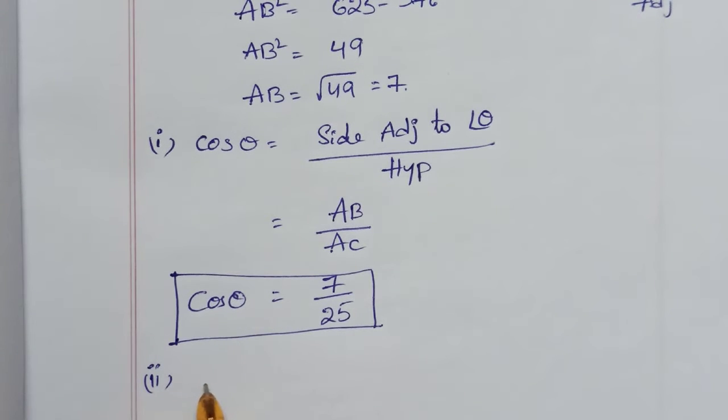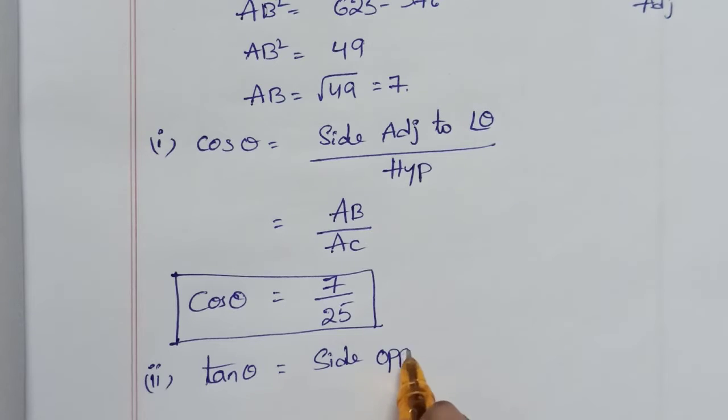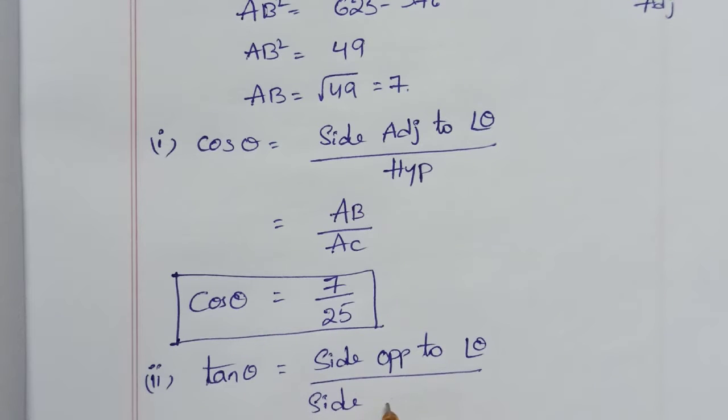Now we find the value of tan theta. Side opposite to angle theta by side adjacent to angle theta.